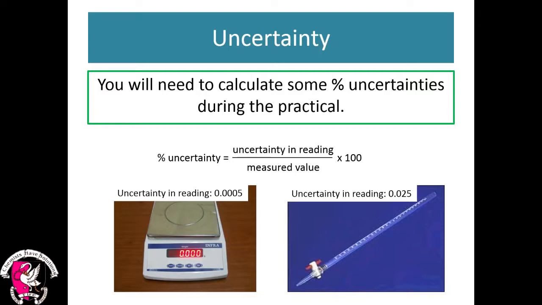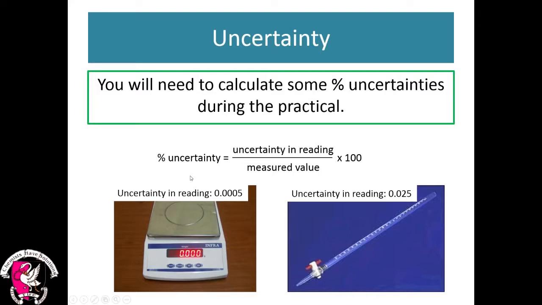Most pieces of equipment have this uncertainty value, and it will say plus or minus a certain amount. I've put two things here that you're going to be using. The uncertainty in a balance that's measured to 3 decimal places is 0.0005, so it's plus or minus that. The uncertainty in a burette reading is plus or minus 0.025.